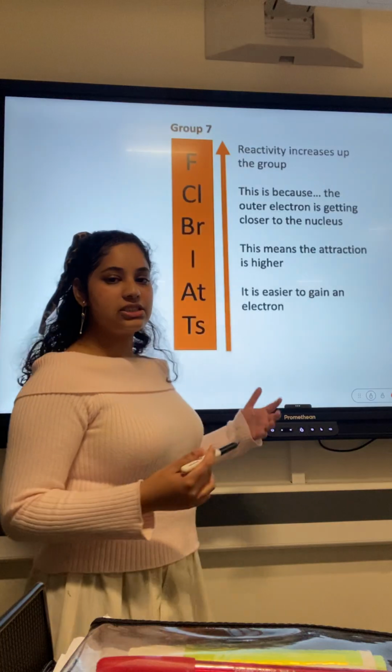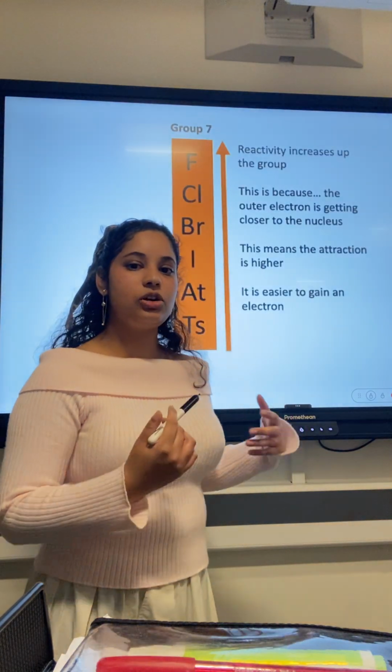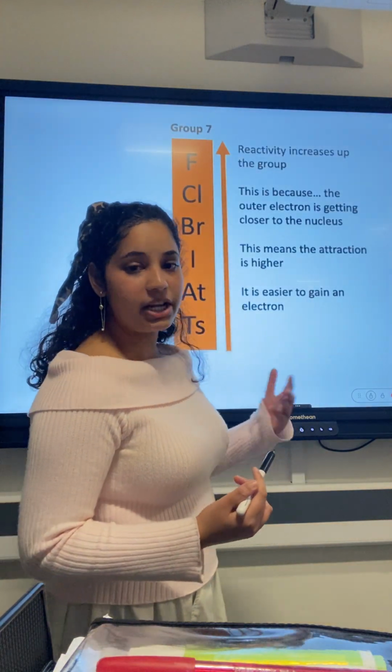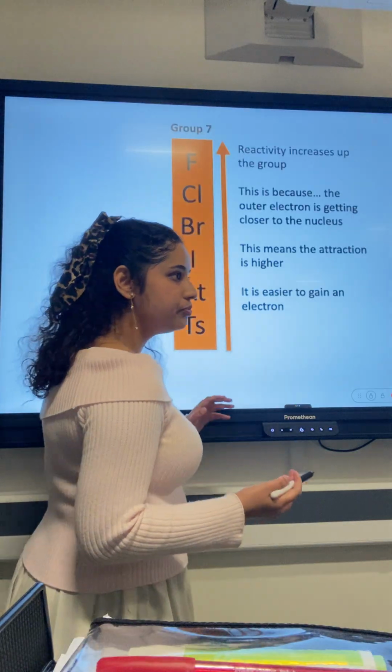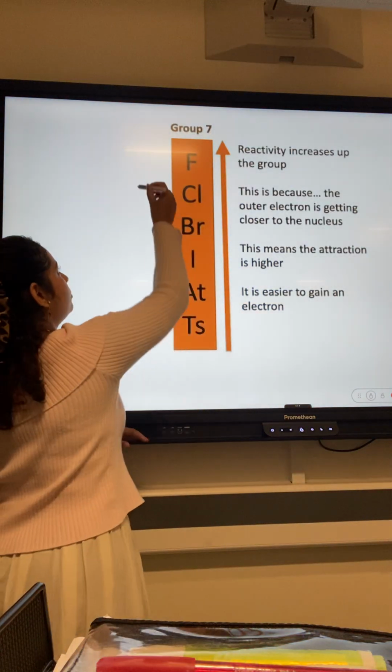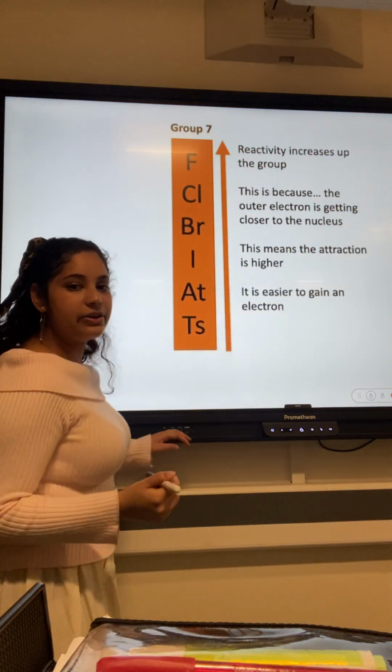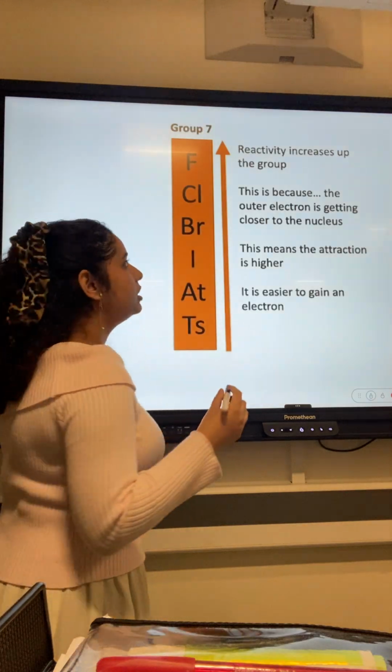There's a couple of factors to consider, but let's talk about the atomic radii and the ionic radii.